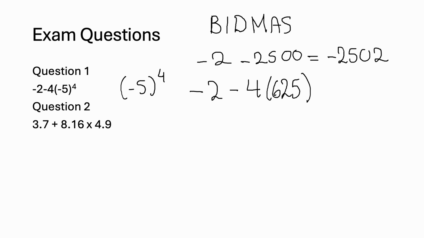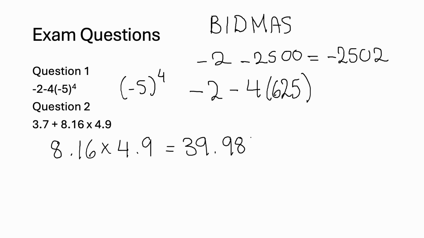Okay, excellent. Question 2. We've got 3.7 plus 8.16 times by 4.9. Using our BIDMAS, we have to do multiplication before we do addition. So we do 8.16 times by 4.9, which is 39.984.